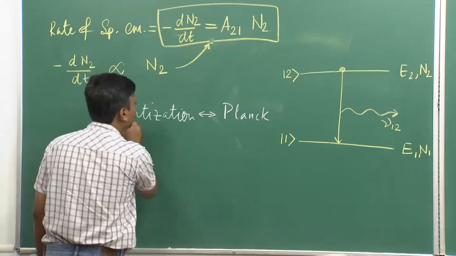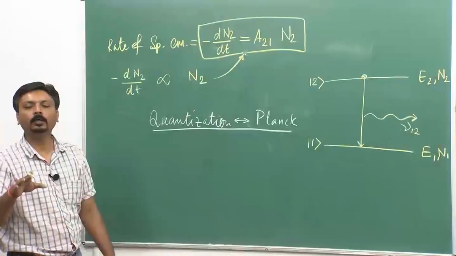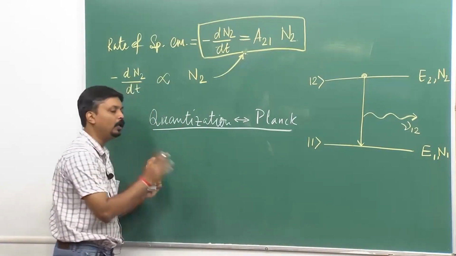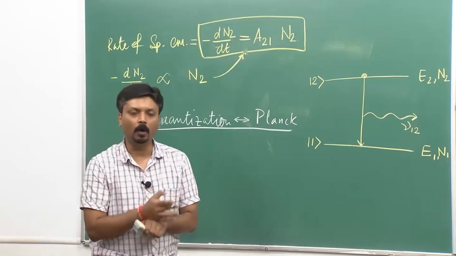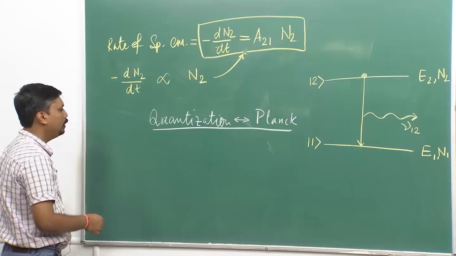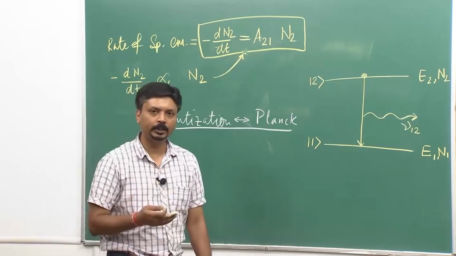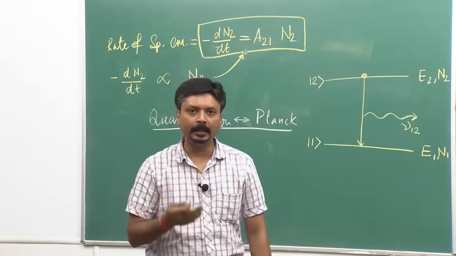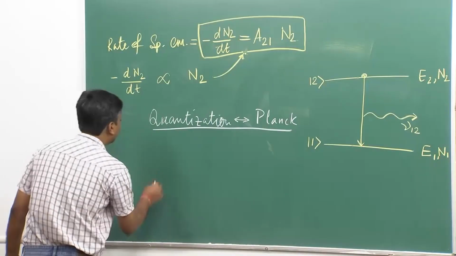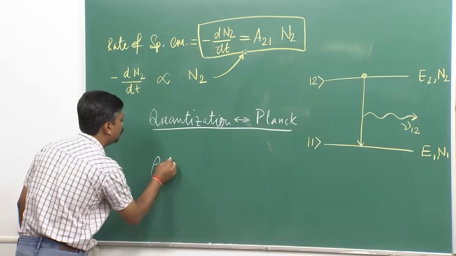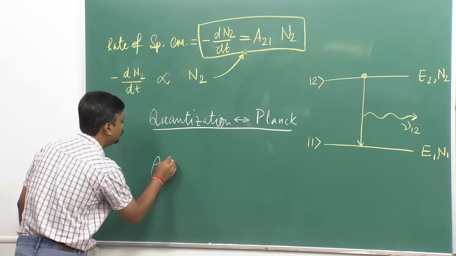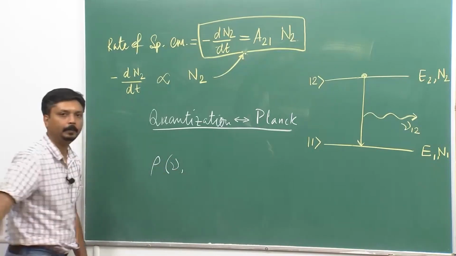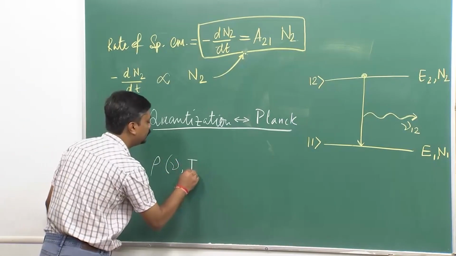In this work done around 1900, he ultimately got a relation which is known as Planck's law, where he gave us the expression for spectral density, the radiation density, which is a function of frequency and also temperature.